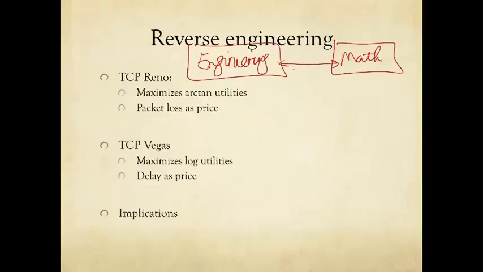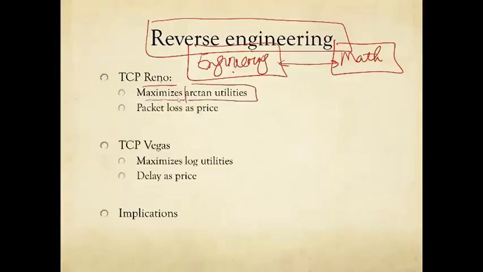About 10 years after the invention of TCP Tahoe, applied mathematicians and engineers collectively figured out a good way to understand the engineering artifact of TCP protocols. In particular, they have reverse engineered TCP Reno as implicitly maximizing a specific utility function, arctangent, with packet loss used as the congestion price, the link price, or mathematically the Lagrange dual variables P.